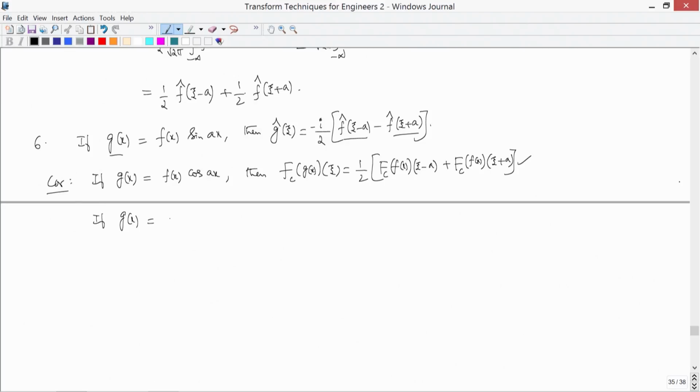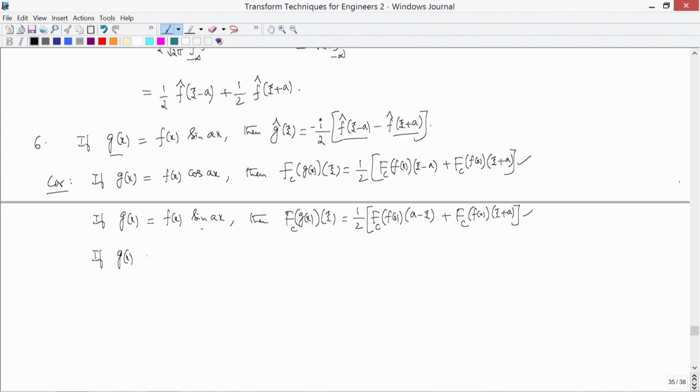If g of x is f(x) sin ax, then the Fourier cosine transform of g of x at xi is actually equal to half times the Fourier cosine transform of f(x) at a minus xi plus the Fourier cosine transform of f(x) at xi plus a. This is what you get if you have a sine multiplication function.